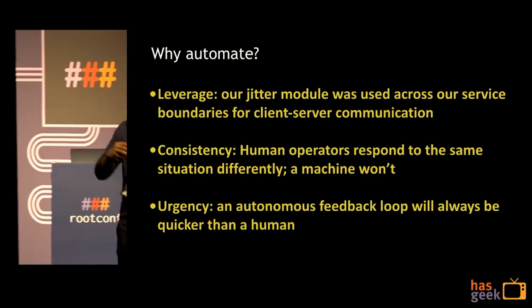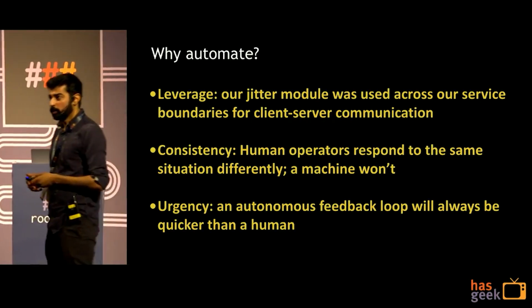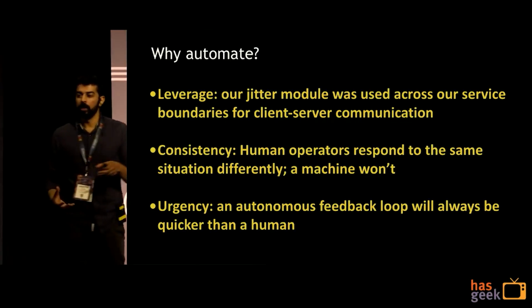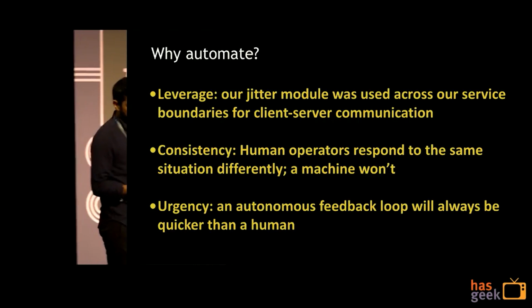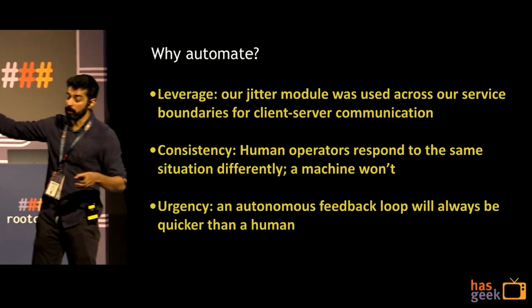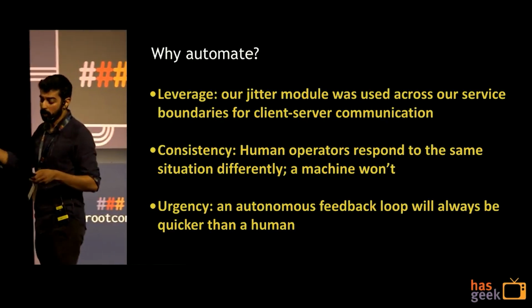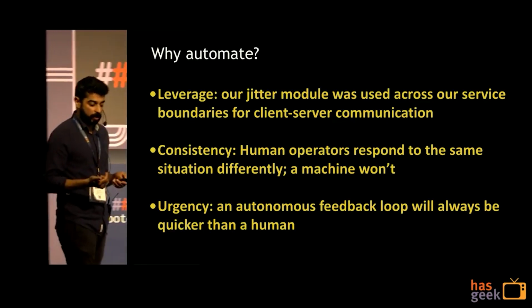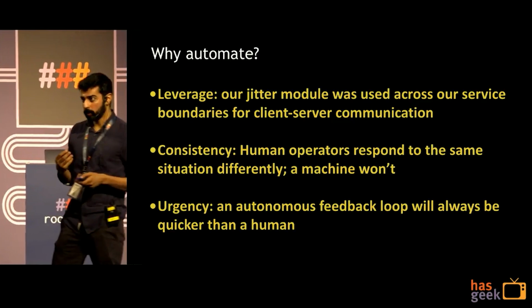It was useful across all the client-server communication loops within our infrastructure. We could take that piece of learning, compartmentalize it into a library, and push it out to various other systems that would experience the same problem. That was a really good piece of leverage because we could write the code once and improve a bunch of different systems with it.